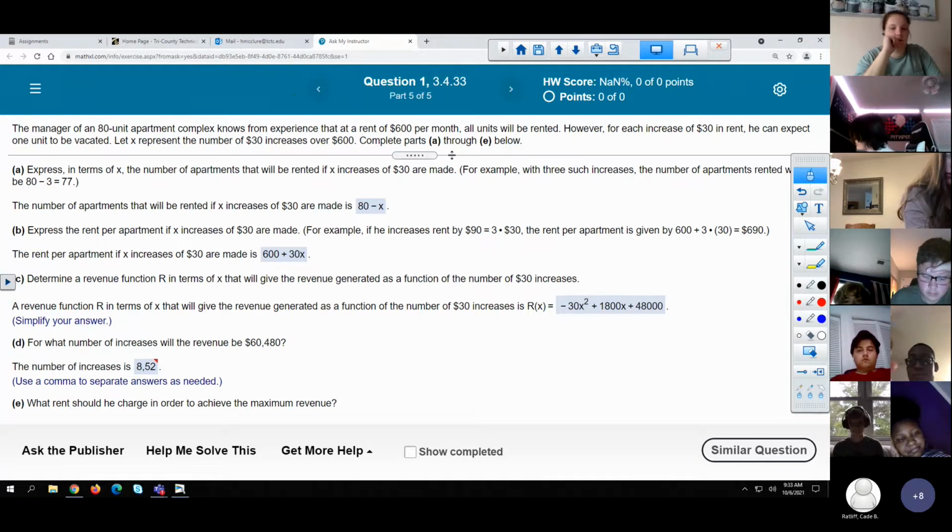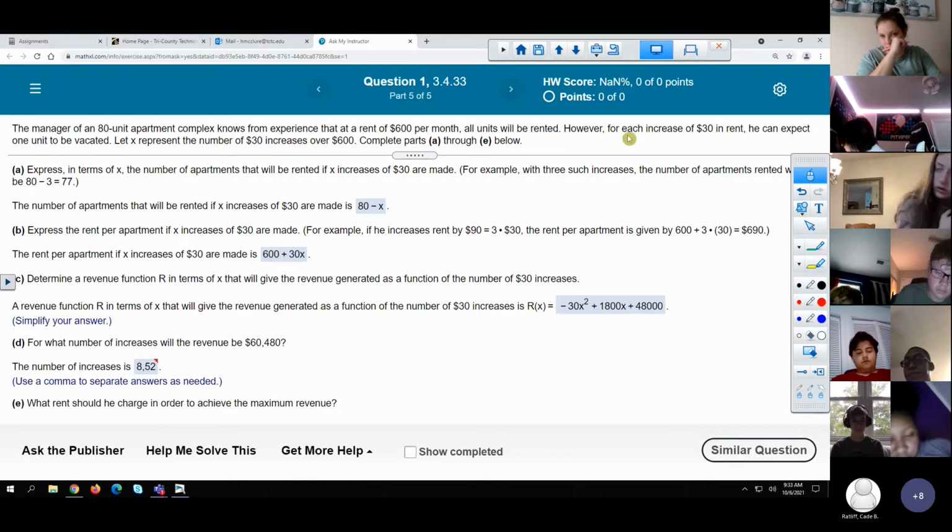In fact, I think it's really stupid for a homework question. The manager of an 80-unit apartment complex knows from experience that at a rent of $600 per month, all units will be rented. However, for each increase of $30 in rent, he can expect, I'm not going to do this problem right now. We're going to leave that one open.